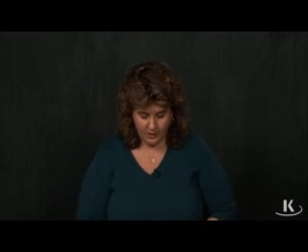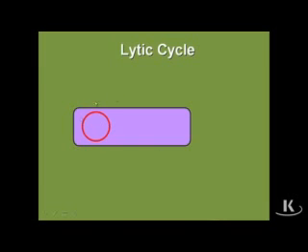I'm going to show you an example first of the lytic cycle, and then I'm going to show you how generalized transduction works. So here's the lytic cycle. Again, I've animated it to help you understand how the process works. Here's your bacterium. Here's your chromosome. Your little phage comes in and attaches to the bacterial cell.